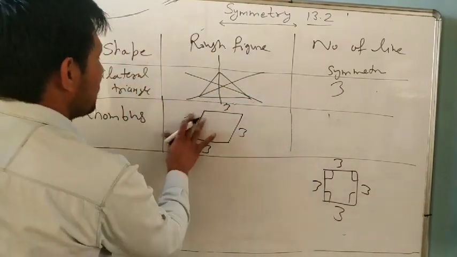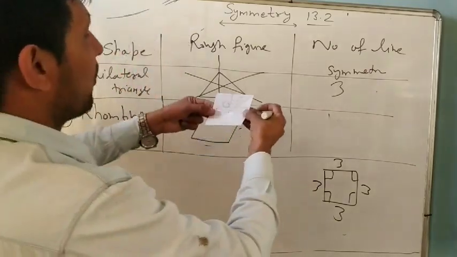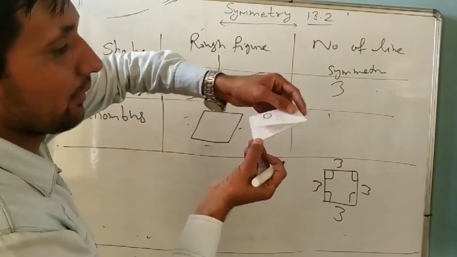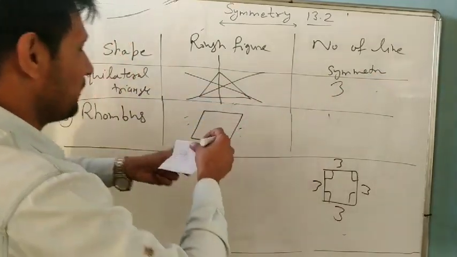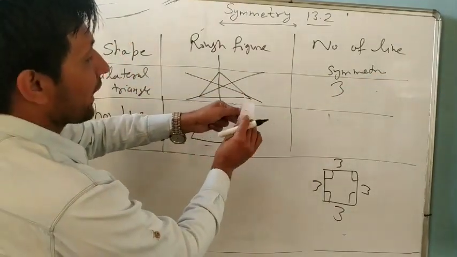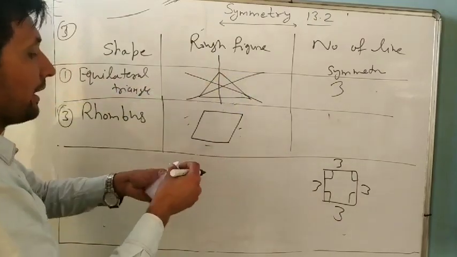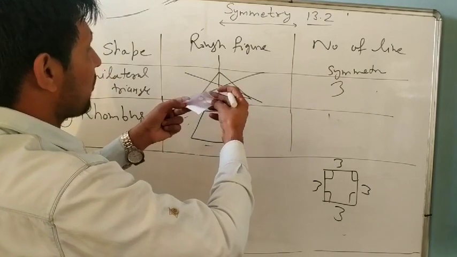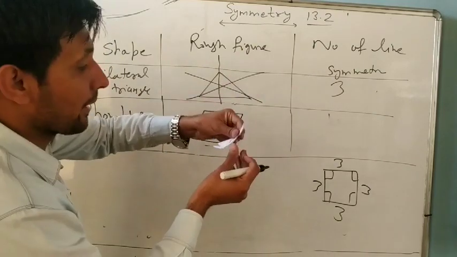We will check horizontally first in a rhombus. When we observe it, yes, the halves do not cover each other completely. So horizontal is not a line of symmetry. Now we will check vertically. Vertically also they do not cover. But now we will check the diagonal. When we fold along the diagonal, they cover each other completely.